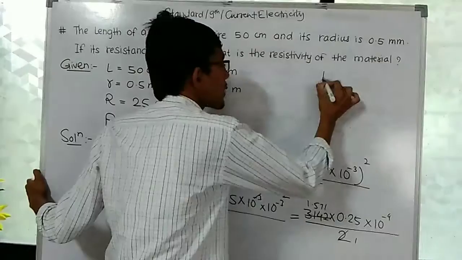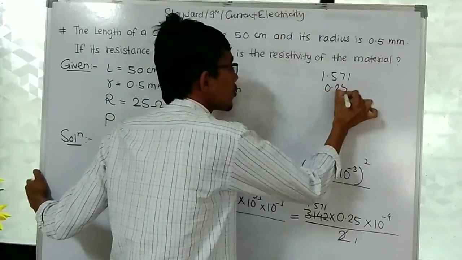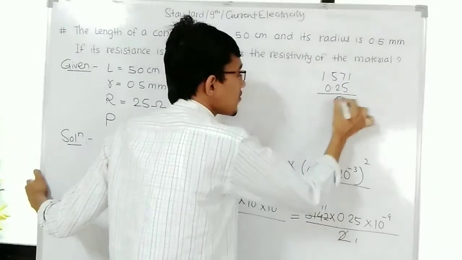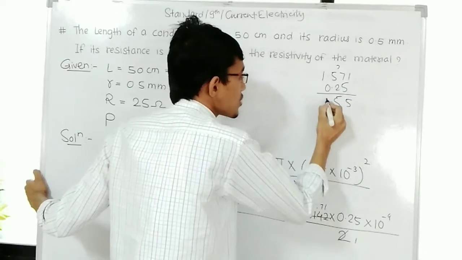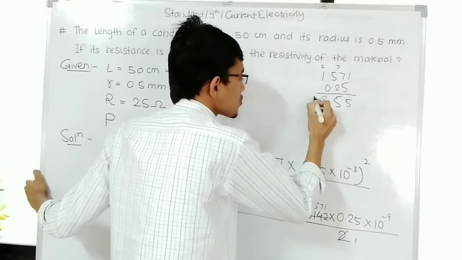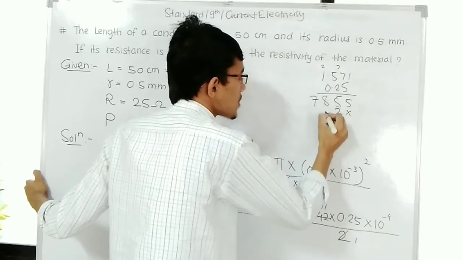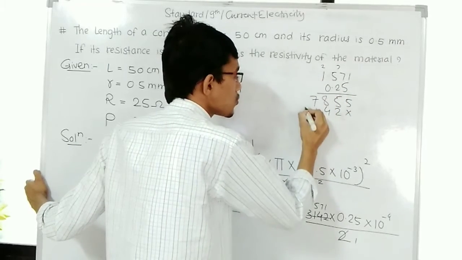So we will multiply 1.571 into 0.25. So 5 ones are 5, 5 sevens are 35, 3 carry, 5 fives are 25 plus 3 is 28, 2 carry, 5 ones are 5 plus 2, that is 7. Then 2 ones are 2, 2 sevens are 14, 1 carry, 2 fives are 10, 11, 1 carry, 2 ones are 2, 3.